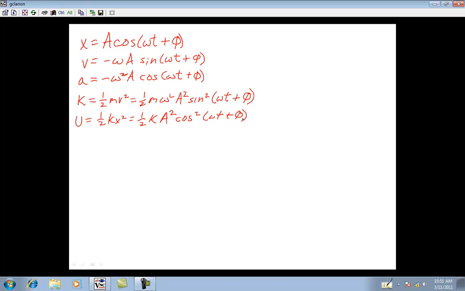Yeah, we just add the two together. So the mechanical energy, or the total energy, is equal to the kinetic plus the potential.